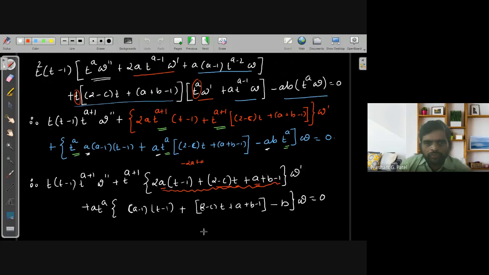You can also further simplify this. This is a, there are terms of t here and here also. So it is a minus 1 plus 2 minus c.